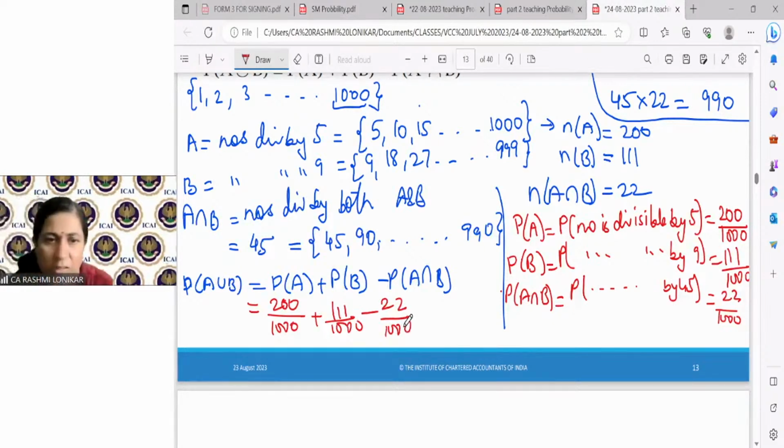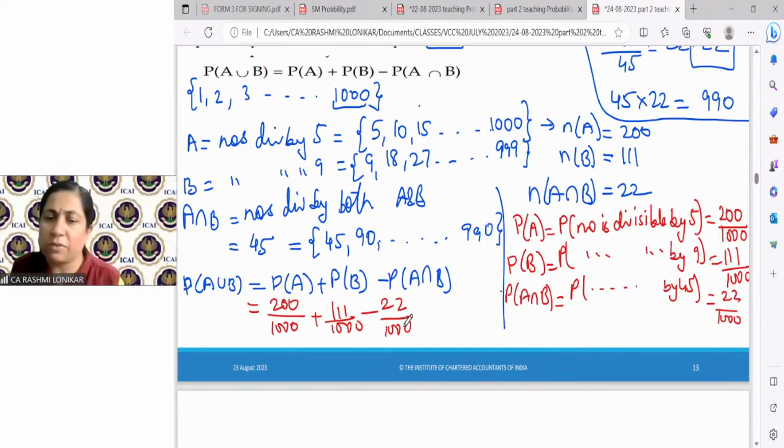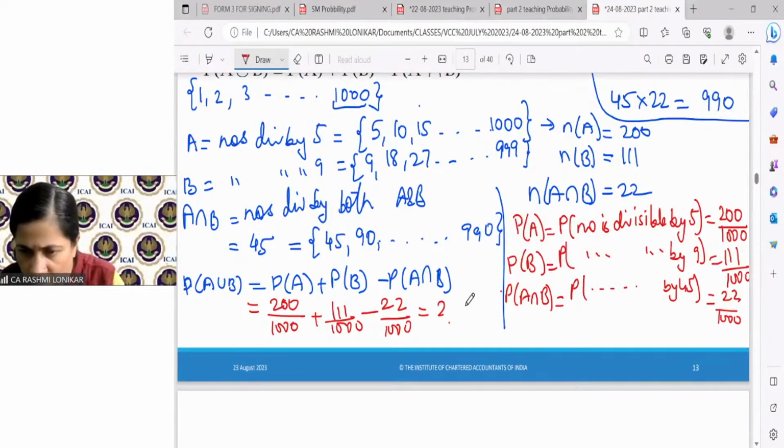The denominator is 1000 everywhere. 200 plus 111 is 311, minus 22 is 289. So this is equal to 289 upon 1000. The answer is 0.289, or 0.29.